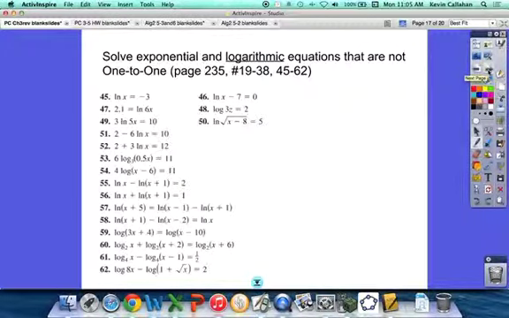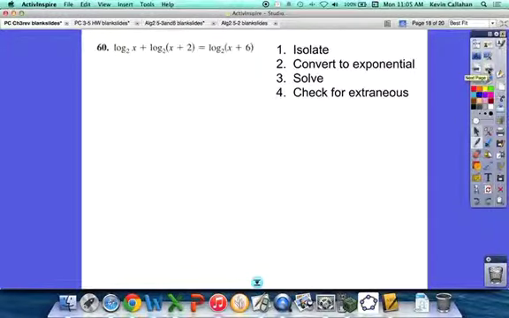Okay, solve logarithmic equations. And again, these are all the ones you could practice on, right? Here are the steps. We'll take one of them. Isolate. Well, in a problem like this, how am I going to isolate the logarithm? There are 3 logarithms. Combine them how?